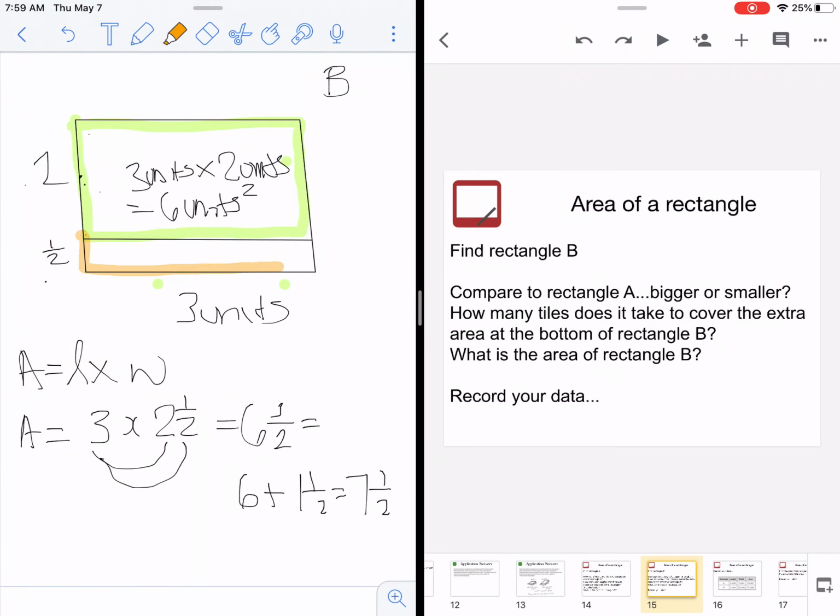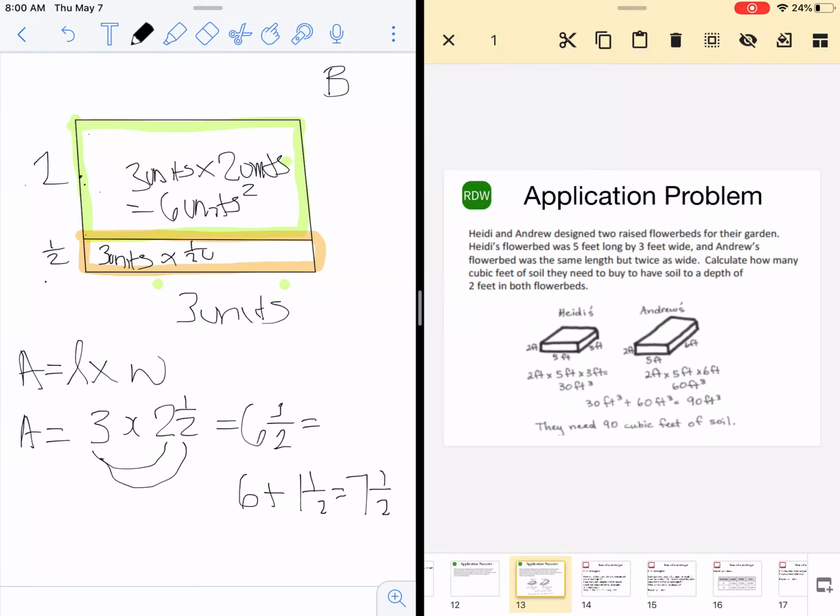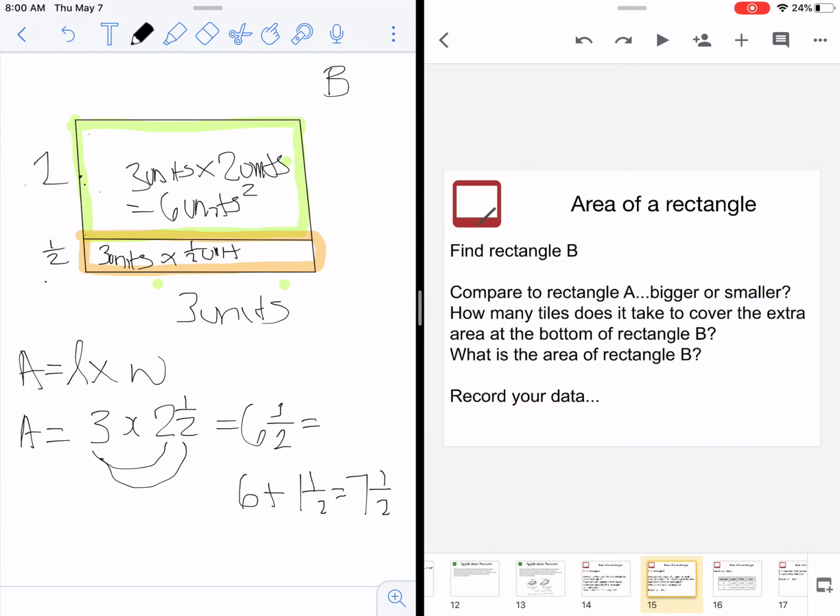We're going to find the area of this rectangle, which is 3 units, because it's the same length, times the width, which is 1/2 of a unit, which gives me 3 times 1/2 of a unit is 1 and 1/2.